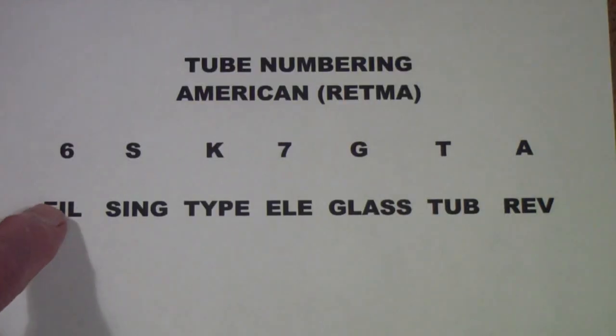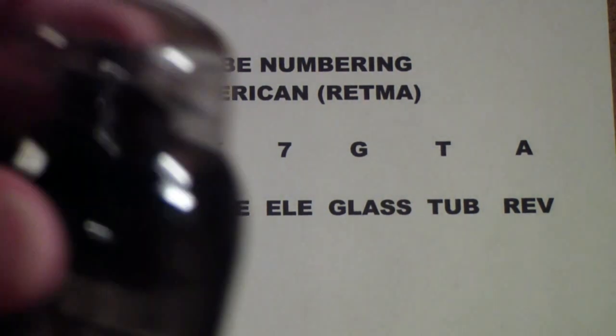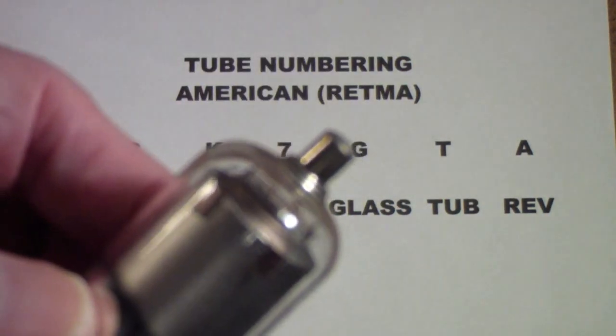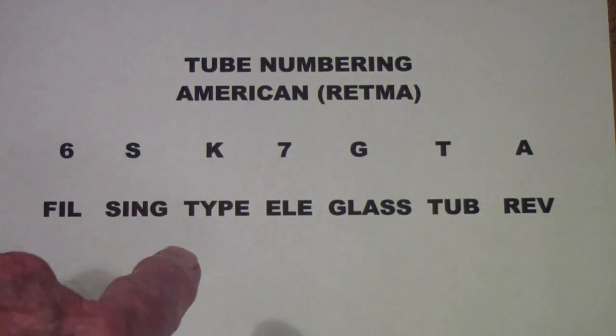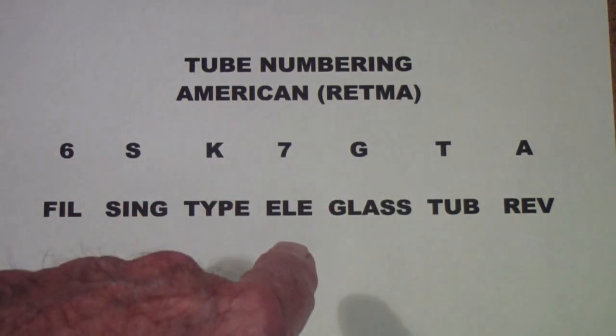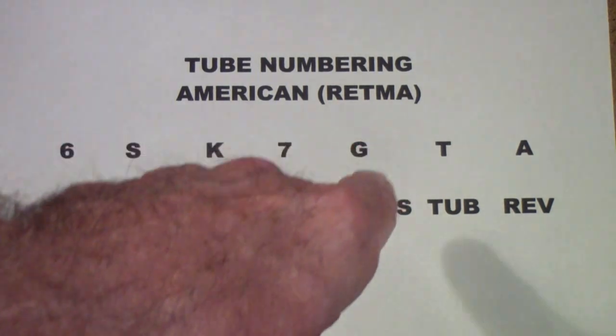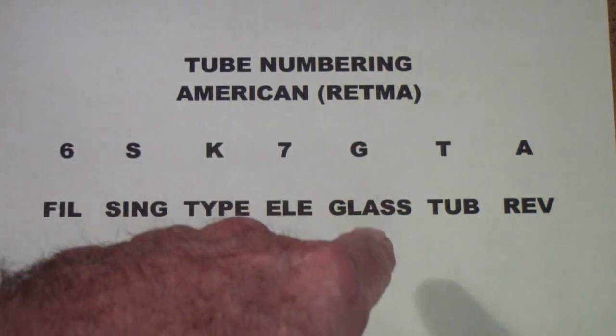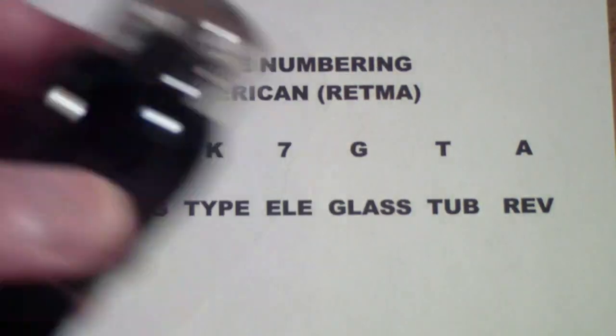So here's the basic idea. Filaments, whether or not it is single-ended, like this tube, where all the elements and everything is connected here, versus this kind of tube that has a top cap, that's what the S stands for. K for the type of tube. The next digit is 7 for the number of elements, and then whether or not it's a glass tube, they add a G. If it is the full-size glass tube like this, then that's all they have.